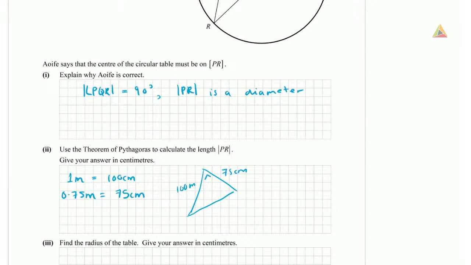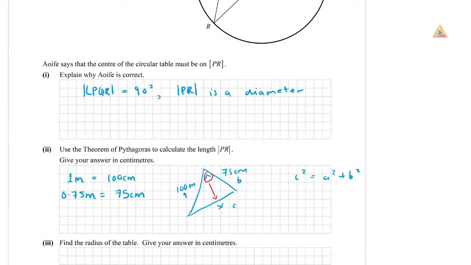And what we're looking for is this. I'm going to call it X. Now, if we label correctly, so this is the right angle, which means that this is the hypotenuse. So if we use Pythagoras' theorem and the correct notation, that's going to be C. We call this A, and we call this B. So C squared is equal to A squared plus B squared.